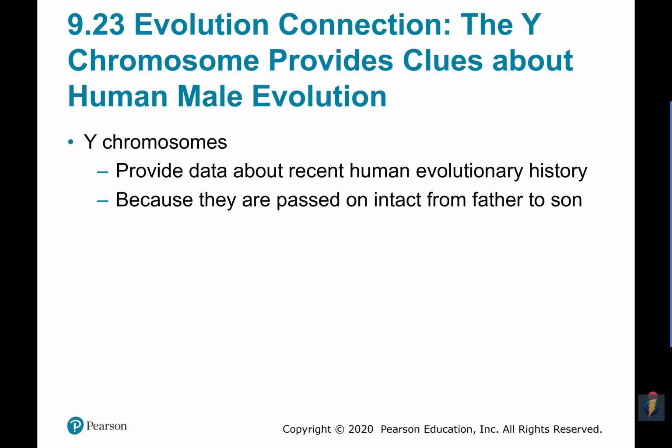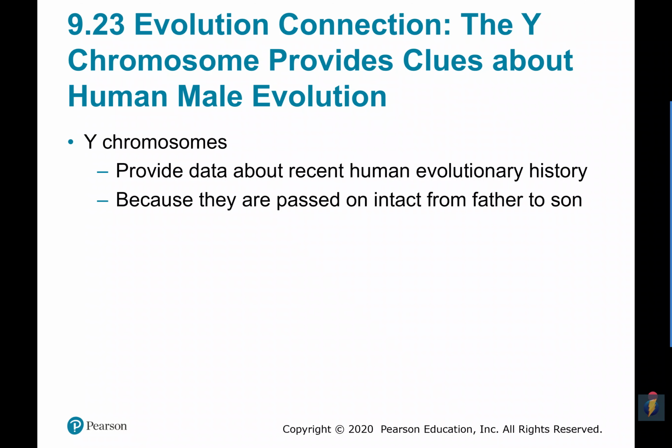There are some dominant traits that can be passed on via sex-linked genes, but mostly they tend to be recessive X-linked disorders. Conversely, if we look at our male chromosomes, our Y chromosomes, we can actually look at evolutionary history, because the Y chromosome is passed on intact from father to son to son to son, et cetera.